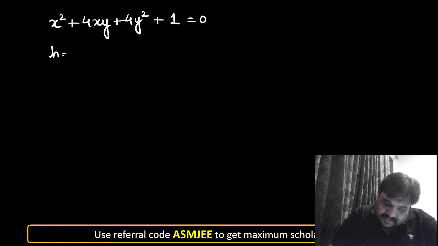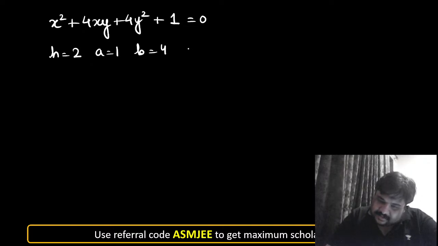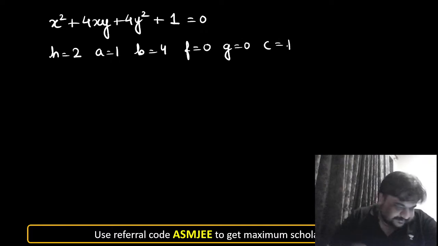What is h? h is 2, A is 1, B is 4, F is 0, G is 0, C is also 1. Right? So let's find out delta.